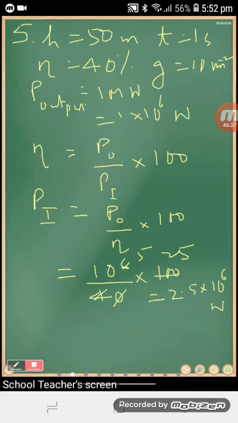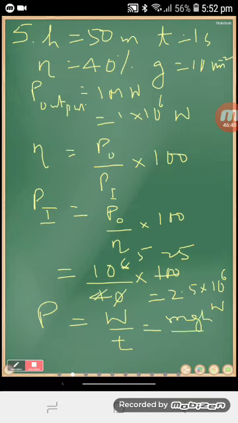Now power input is equal to work by time. Here the work done is, because the water has been taken from the lake to a height of 50 meters, in terms of potential energy, mgh upon time. Now we have to find the mass. I hope up till here it is clear to all of you.